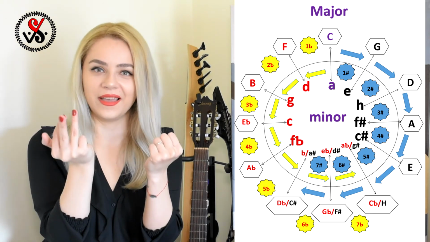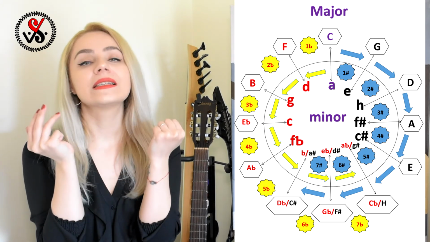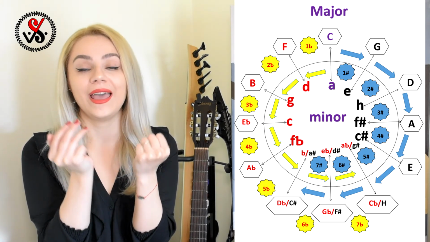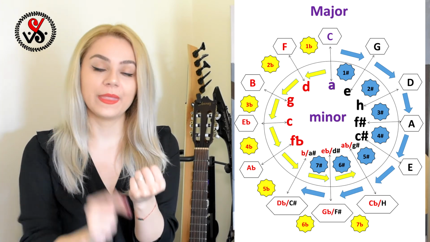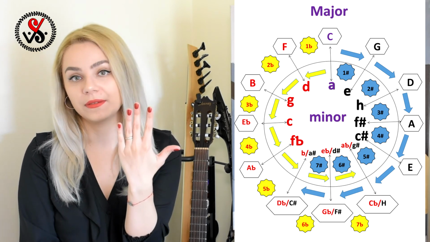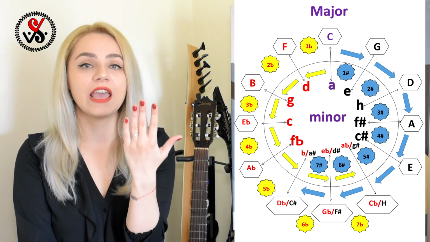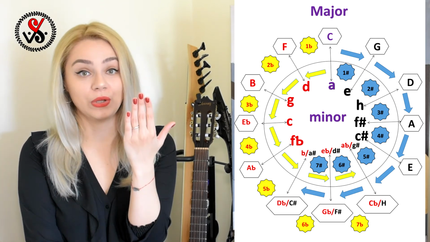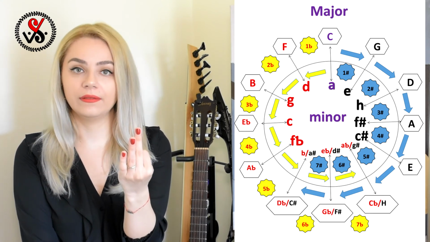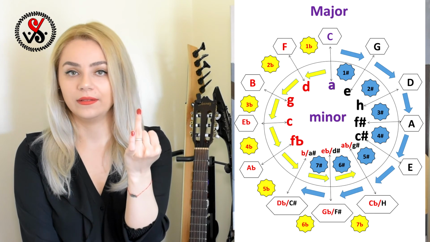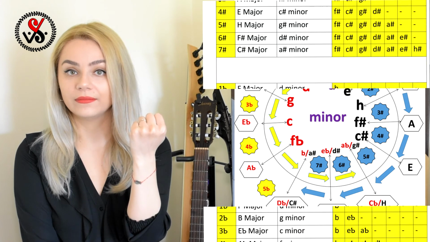But remember, C major doesn't have any accidentals, so minus 1, and we have only 5 left. So that means in D flat major we have 5 flats, and it will be B flat, E flat, A flat, D flat, and G flat.